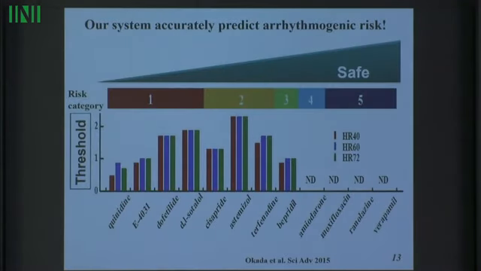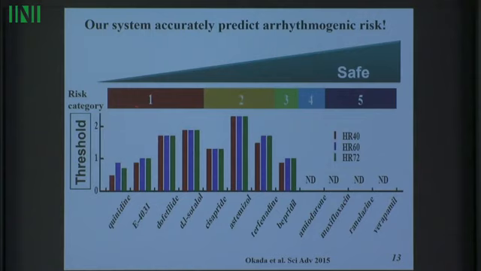This slide summarizes the result of 12 test drugs. Drugs are ranged from the ones with high risk to safe drug according to the Redfern's criteria. Those drugs in categories 1 to 3, we consider those risk drugs. The bar graph indicates the threshold concentration at which we observed arrhythmias.